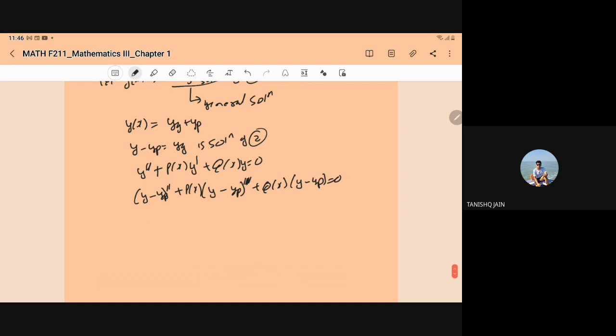So this will come y double dash plus p(x) y dash plus q(x) y, minus, and here we have Yp double dash plus p(x) Yp dash plus q(x) Yp, is equal to 0.